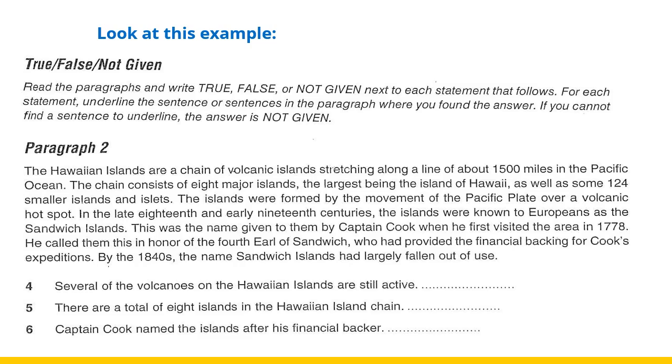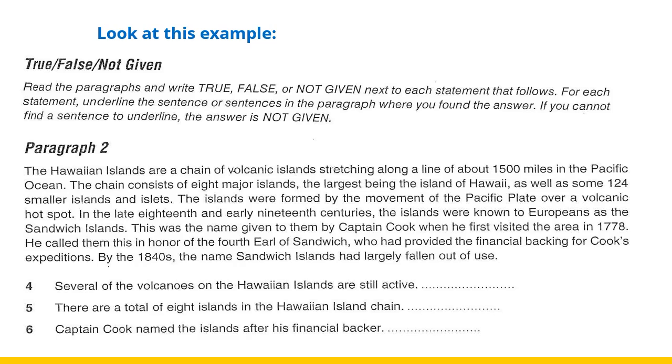So that is going to be false because I see 8 islands in here too. However, your statement says there are a total of 8 islands. If you go back to your second sentence, it says there are 8 major islands plus 120 smaller islands. So that's why our number 5 is going to be false, because it's definitely more than 8. It's not a total of 8 because we have 8 major islands plus 124 small islands.